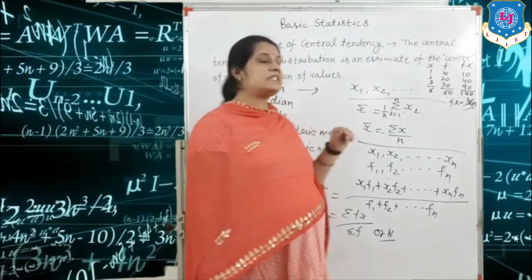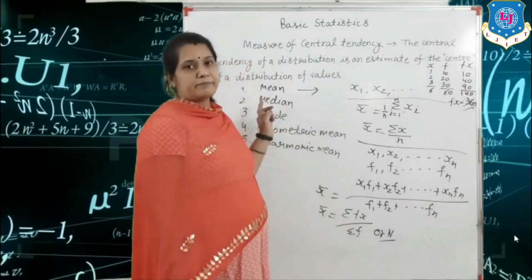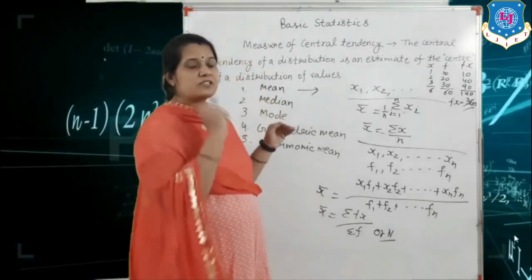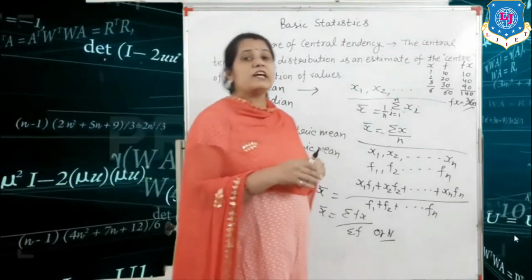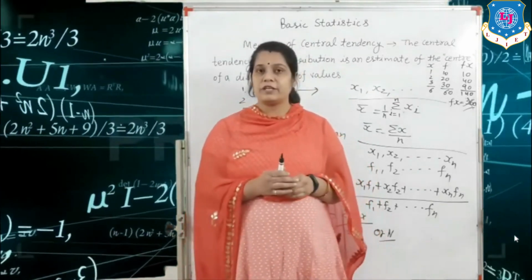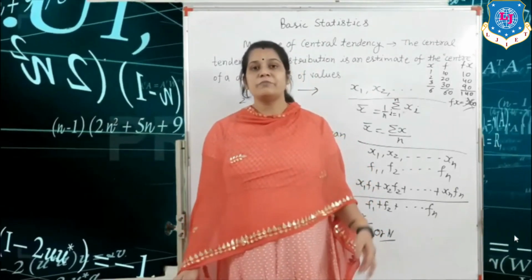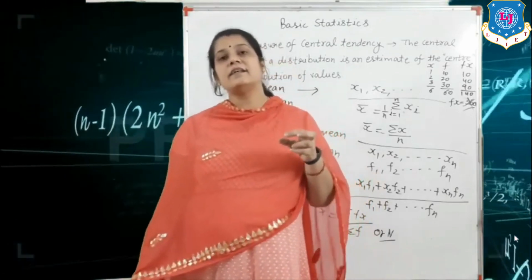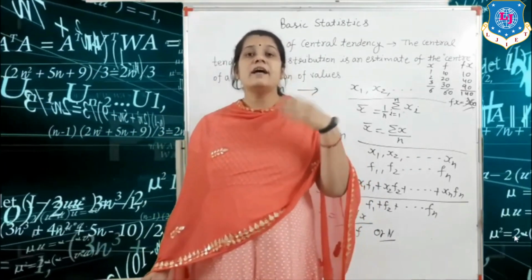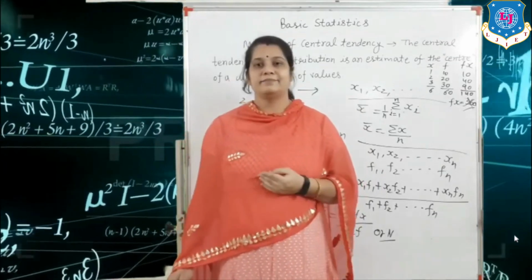Second one is the median. So median, that means what? Before finding the median, first you write the mean. We have two types of mean, simple mean and the assumed mean. In the assumed mean, first we consider one number and say this is the assumed mean.